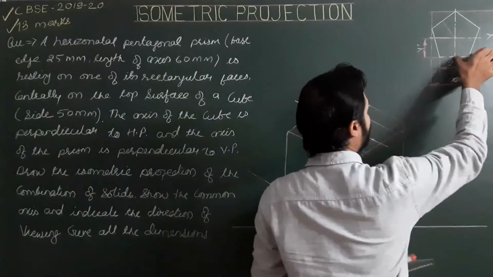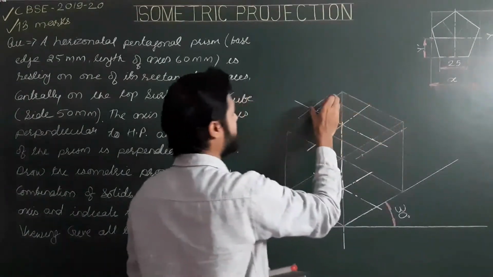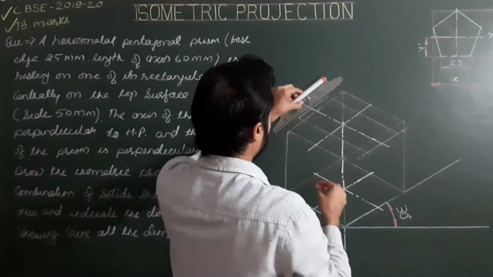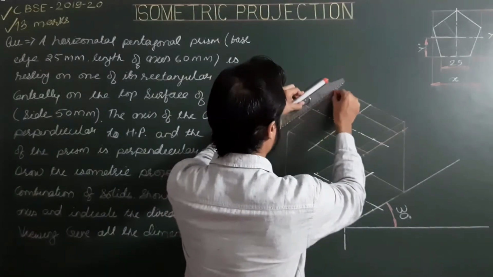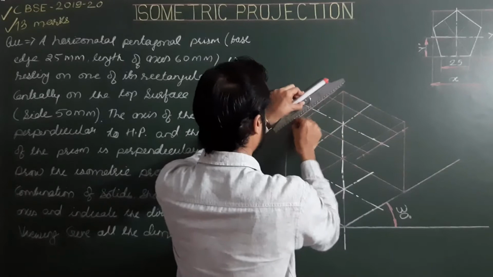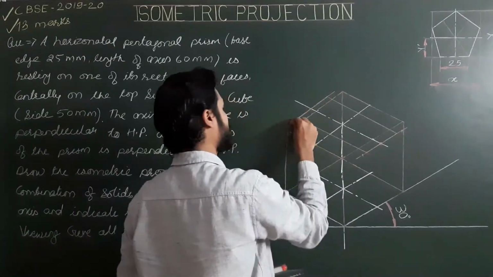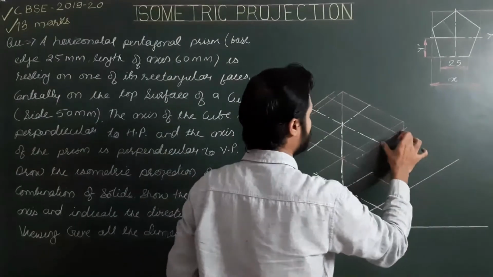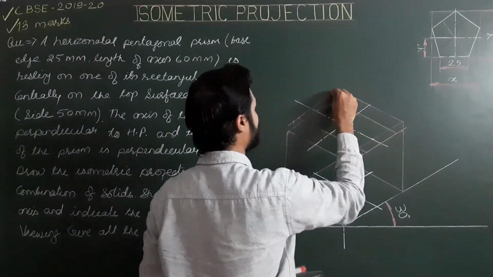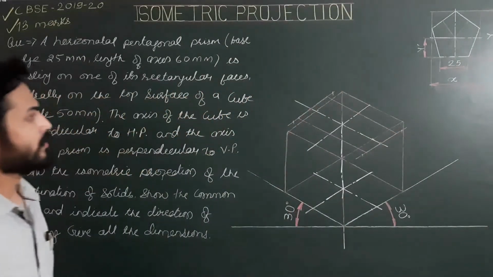Also, first drawing the line. Okay, so this is the distance. And the same we have to mark on the other side.